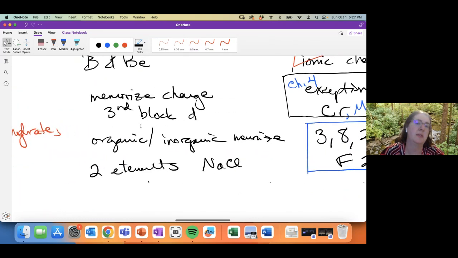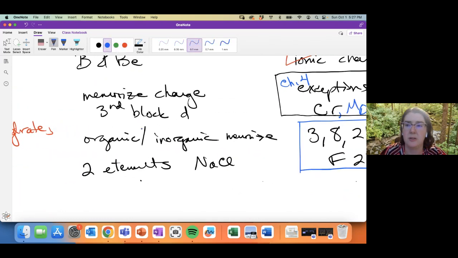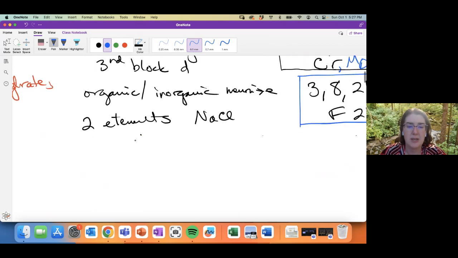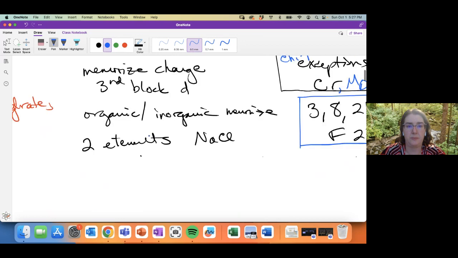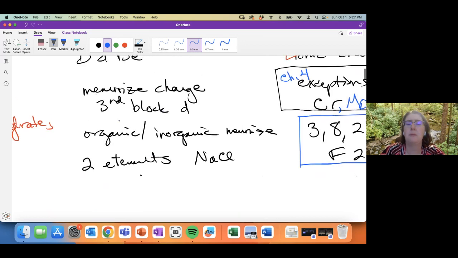There were some specific questions about stuff to memorize. I do want to address those before I go back to resonance examples. So the question was, do we need to memorize the third block, like the options for charges in the D block?